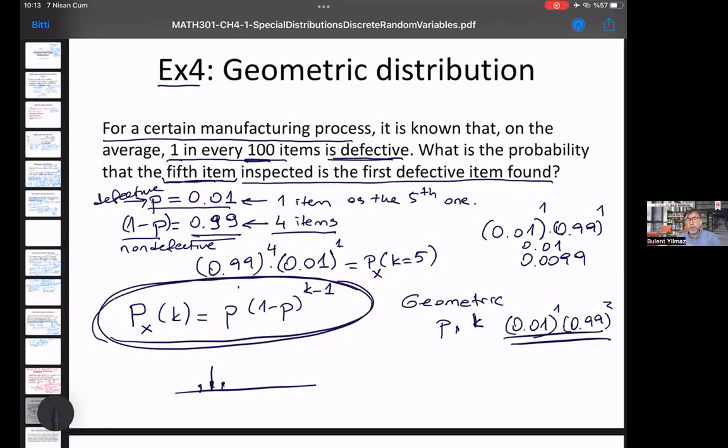From the distribution, I can find the probability. That's the trick. The distribution has a formulation, and from that formulation I can find the probability of obtaining a certain sequence, a certain point in the distribution. Is that clear, Berke? Yes, hocam.